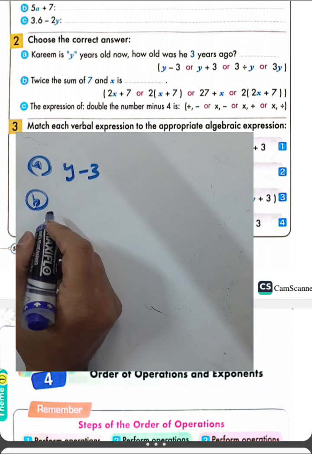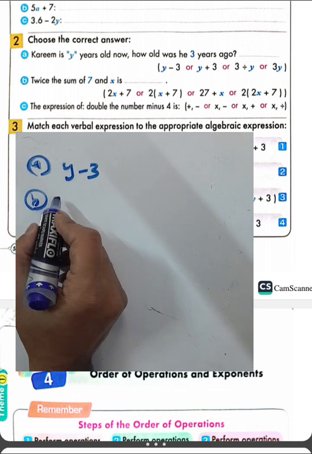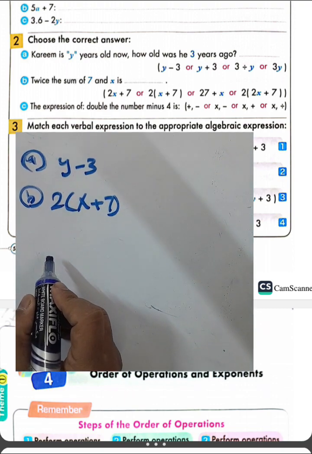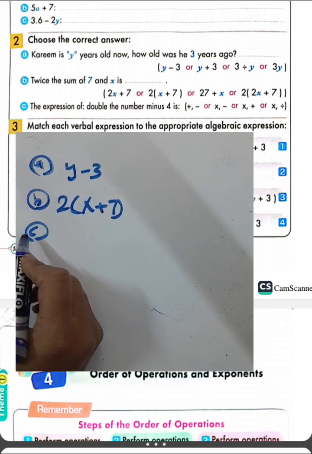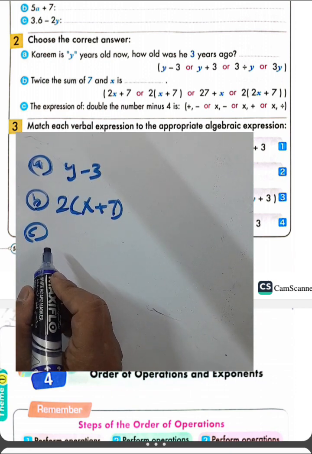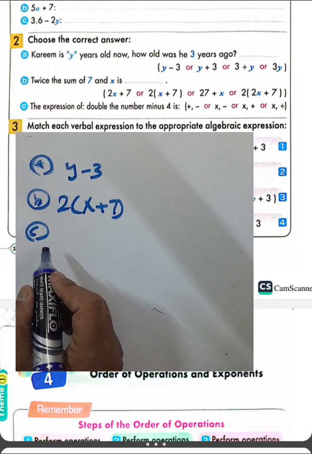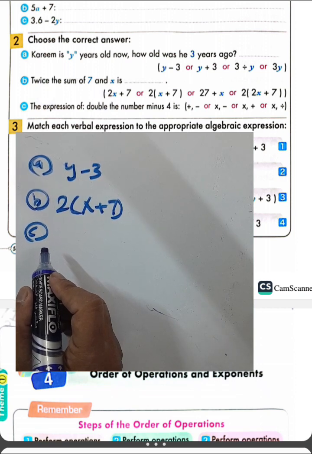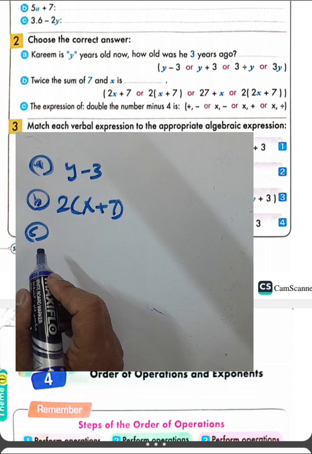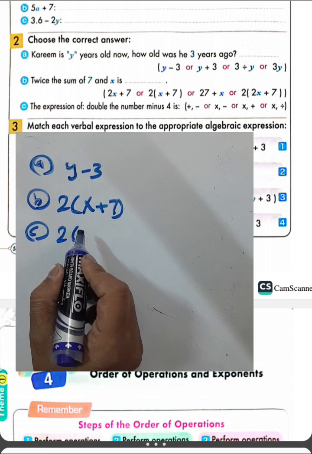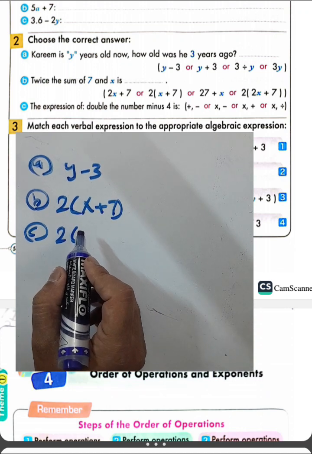Letter B, twice the sum of 7 and x. Twice the sum of x and 7. You can write twice the sum of x and 7. Letter C, the expression of double the number minus 4. Twice the number here, double means twice.